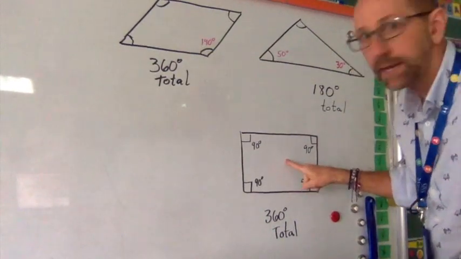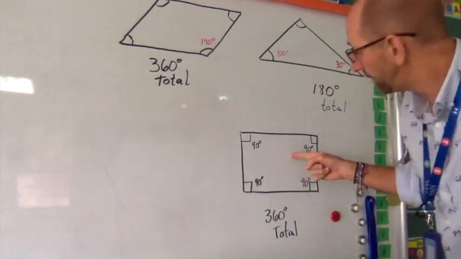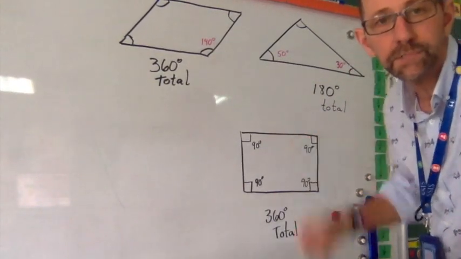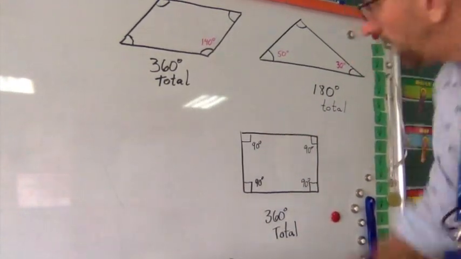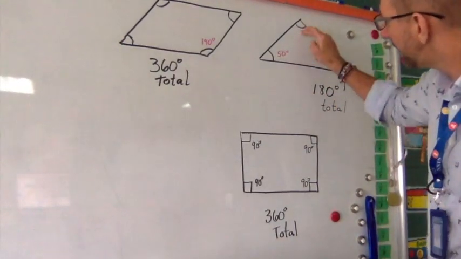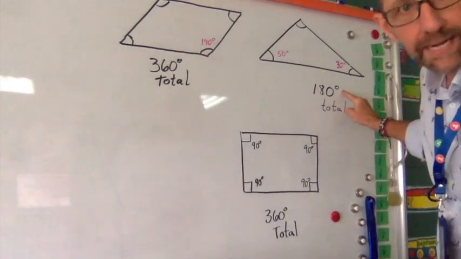And the same thing here in this rectangle. This is easy. We know all of them are 90 degrees. Okay, and if you add up 90 4 times, you'll get 360. But in a triangle, if you add up all of the inside angles, it's going to total 180.